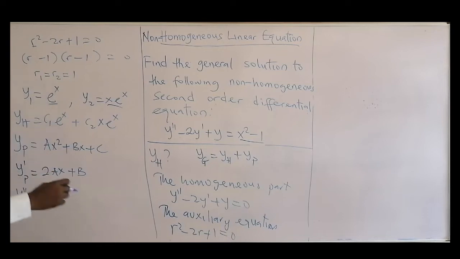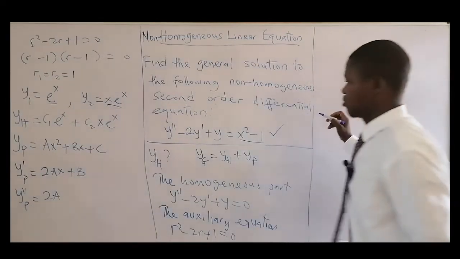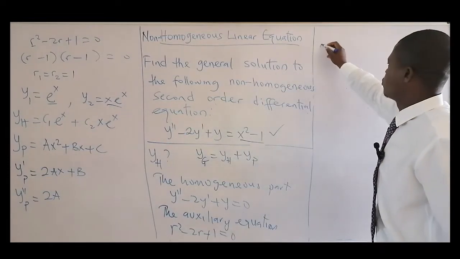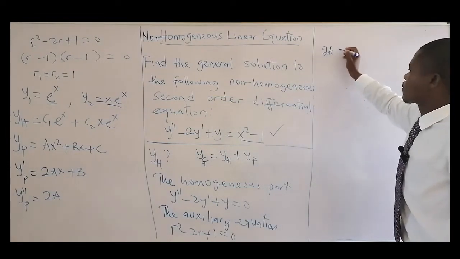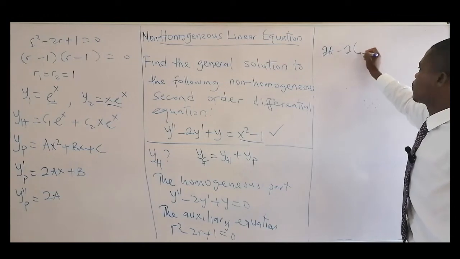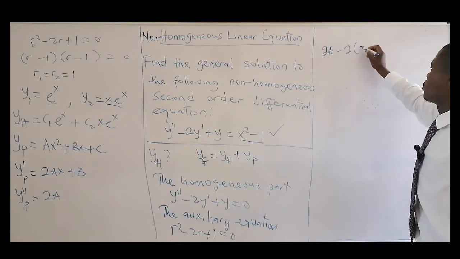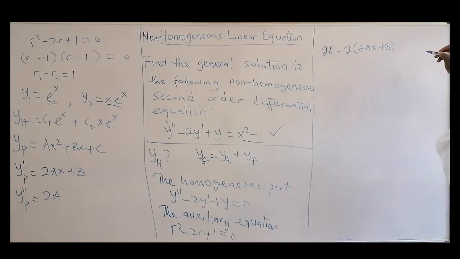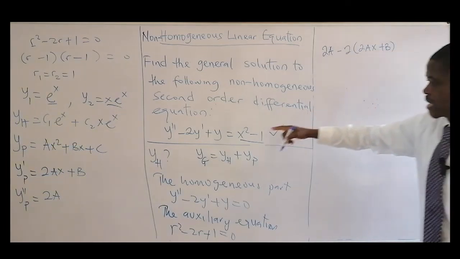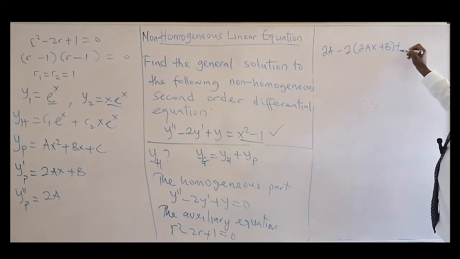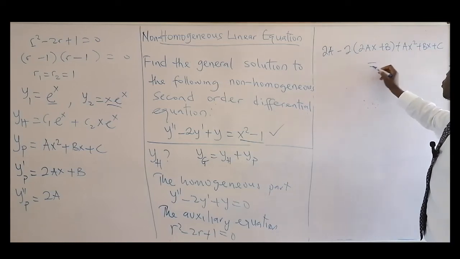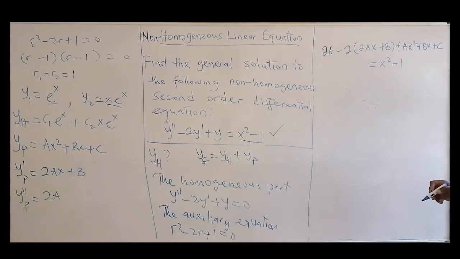Then substitute into this non-homogeneous equation, where the second derivative is 2a, minus 2 times the first derivative, which is 2ax plus b, then plus y. y is just the polynomial ax squared plus bx plus c, equal to x squared minus 1.